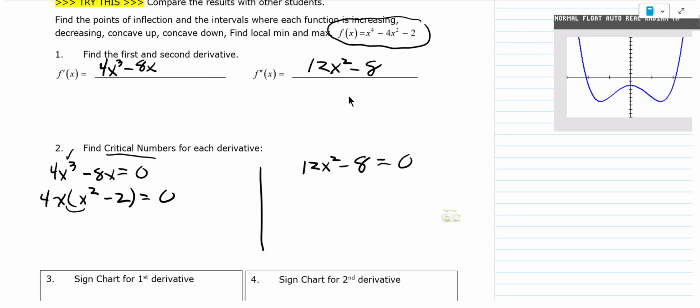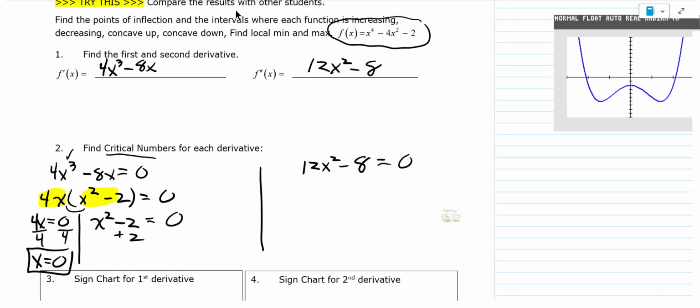So now you have two factors, like we've been doing a lot, and you set each factor equal to 0. So we're going to solve the equation 4x equals 0 and x squared minus 2 equals 0. This one you could divide by 4. Your first critical number would be x equals 0. Second one, I think we worked on this a little bit in class, and I think this is what some of you weren't doing well on.